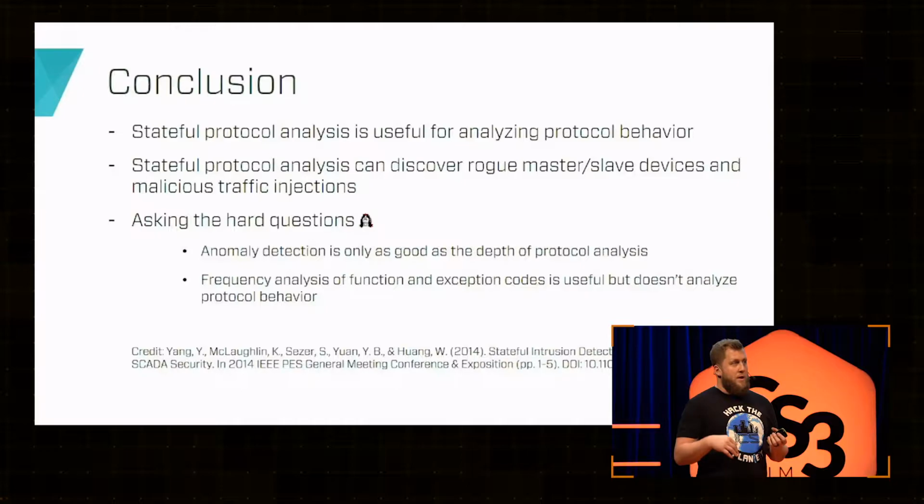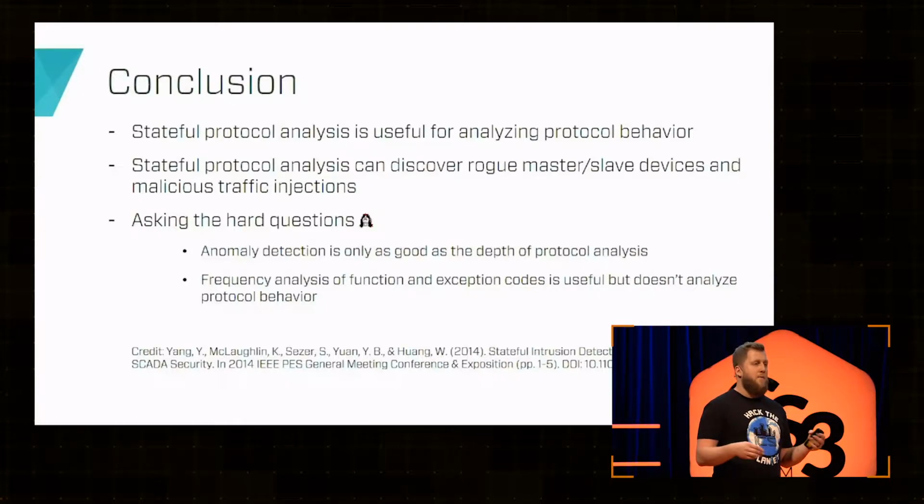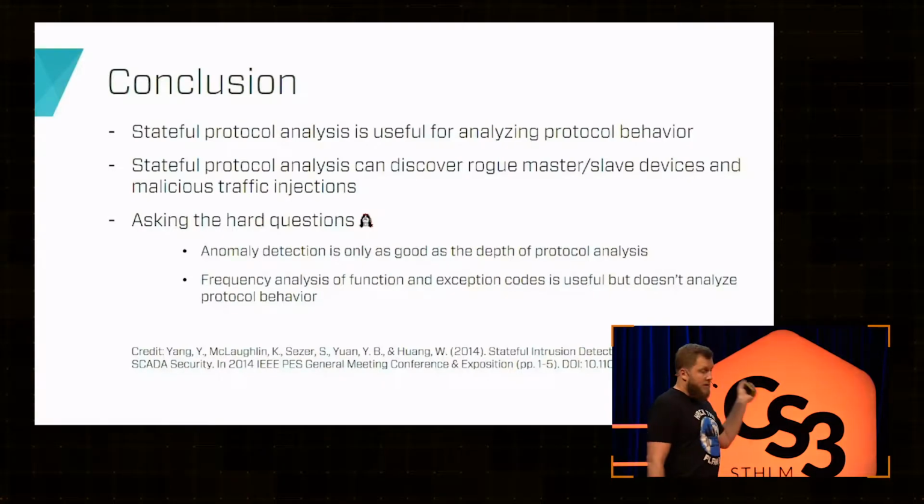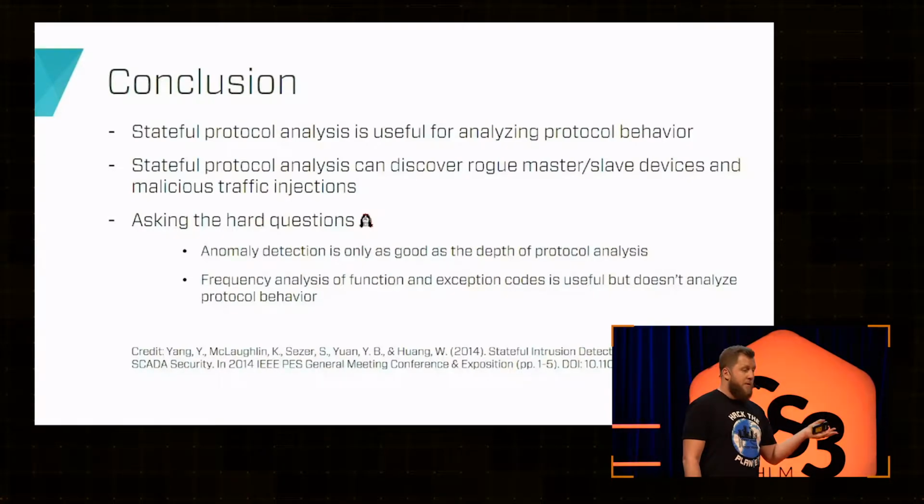That is one thing, but we think that the approach of analyzing the behavior of the protocol, the way that it should behave versus the way that it's currently behaving and how it transitions between those two, certainly provides value in detecting that. And we'd like to give a shout out to the fine researchers at Queen's University Belfast for their work in having done the finite state machine for IEC 104.